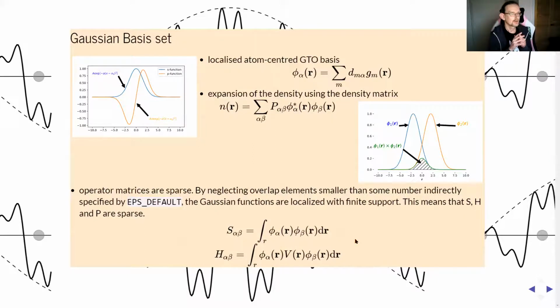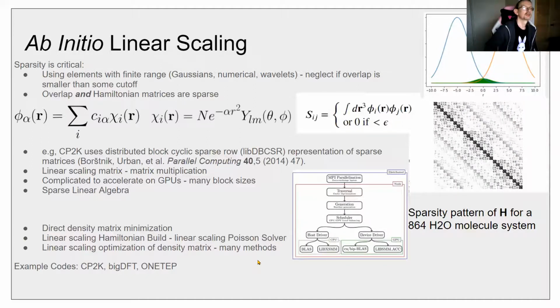Now, I hinted at it, we want a linear scaling build. So we want somehow to be able to reduce the pairs of basis functions down to a linear set of operations. So Gaussians, in a mathematical sense, will never become zero anywhere. You can go infinitely far away from the center of a Gaussian function, and it will still have some value as the tail drops off.